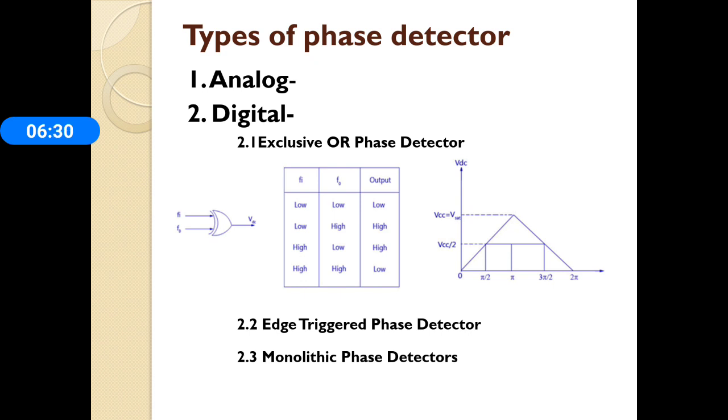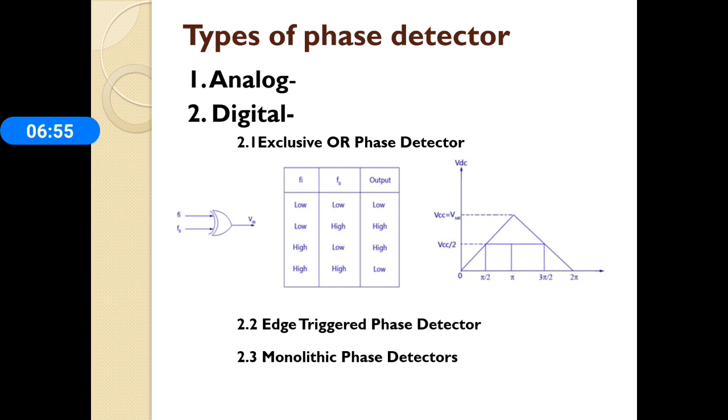Here is one of the types of digital phase detector, the exclusive OR phase detector. We can understand the operation of this phase detector just by observing this table. Both frequencies are provided as input to the XOR phase detector.